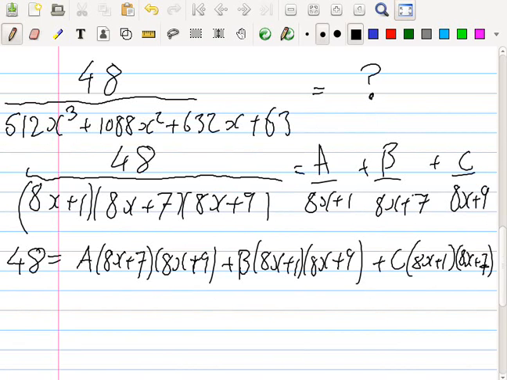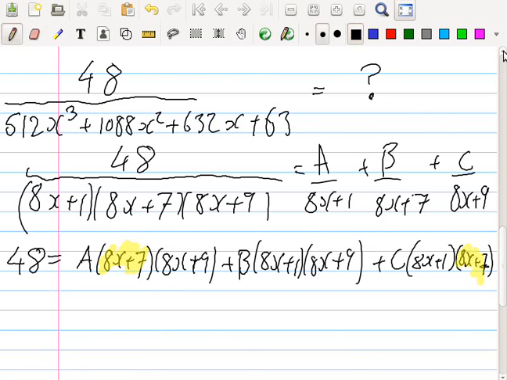And this is where using the method I don't like really saves a lot of time. So if you look at those 3, I'll highlight in yellow. If you look here, this one has 8x plus 7 in it, and this one has 8x plus 7 in it.